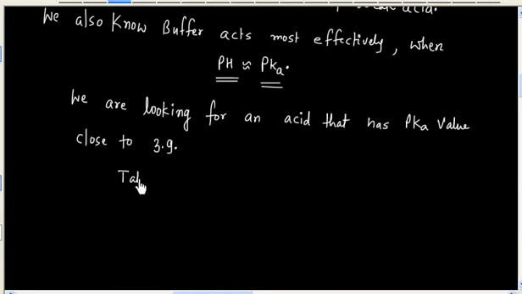And if you see the table, you will find formic acid has pKa value 3.74.